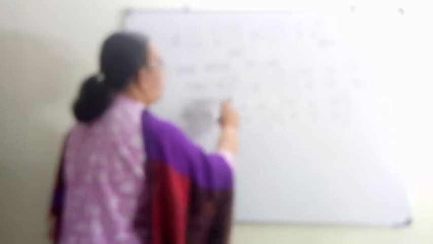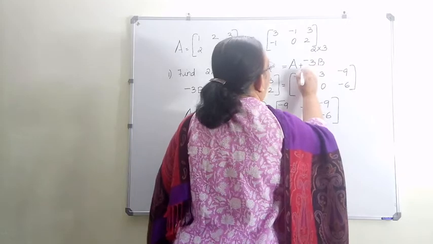Here it is plus, because minus 3B you have already found out. This can be written as A plus minus 3B for convenience.